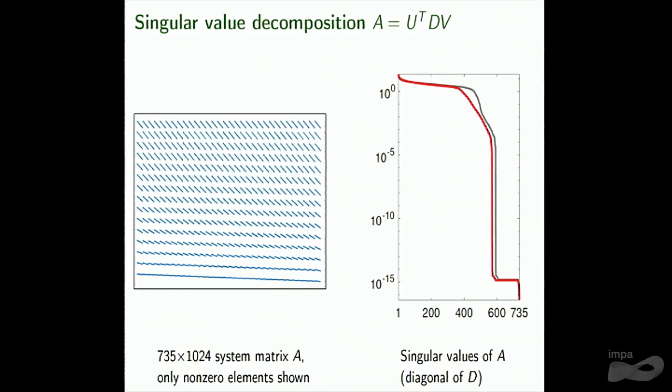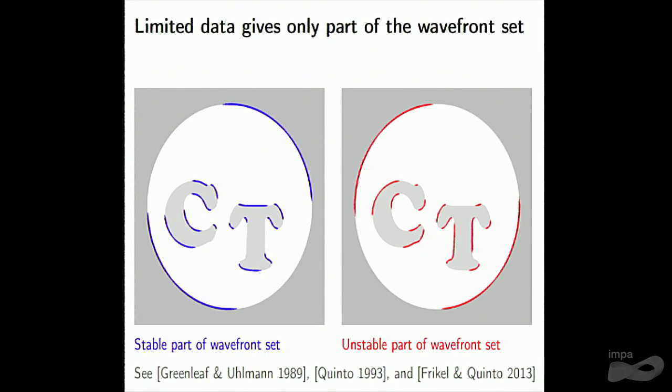Here we have 15 angles, but spanning only from 0 to 90 degrees. The singular values marked with red are a little bit worse, going to zero faster than the gray ones, indicating a more ill-posed problem. But that's not the whole truth, because we can also analyze geometrically what information we are missing with this kind of limited angle measurement.